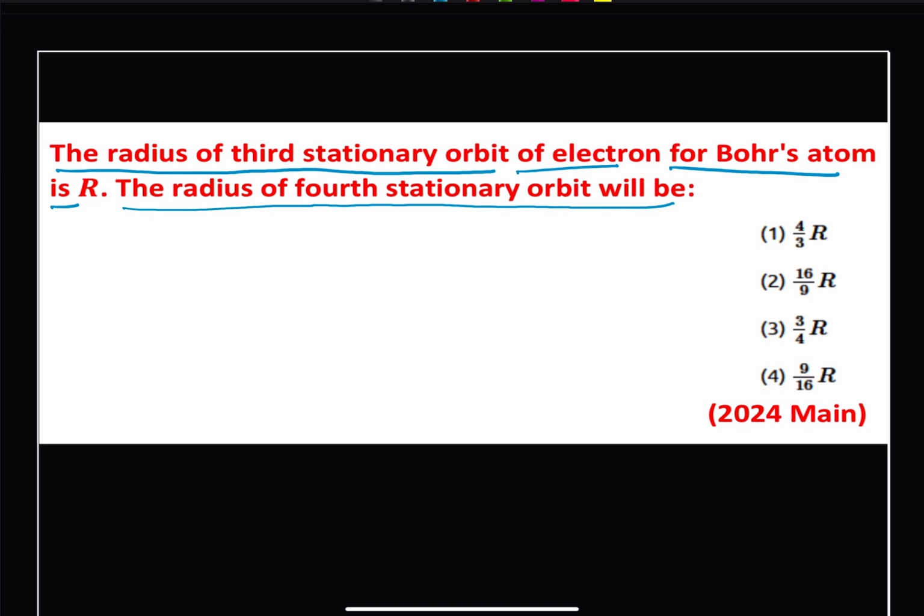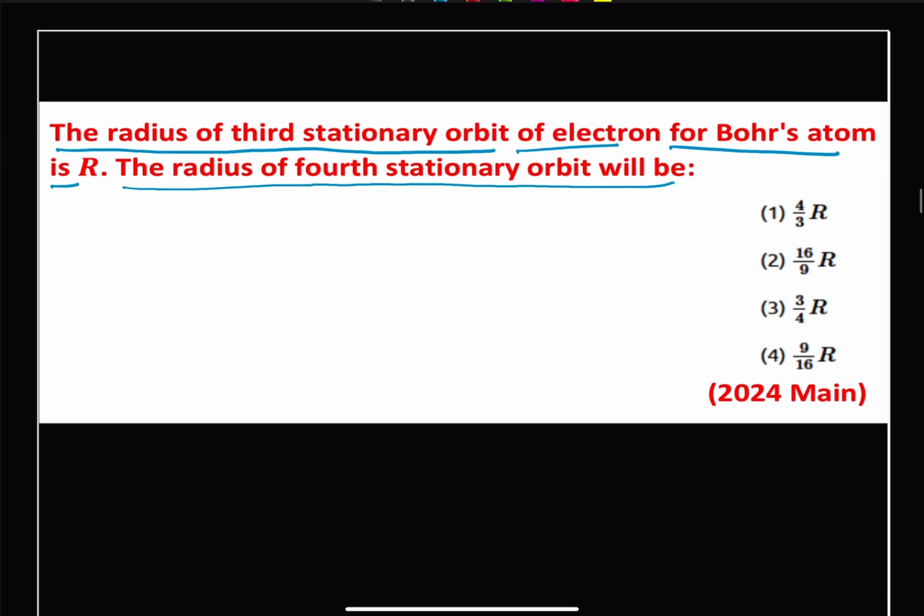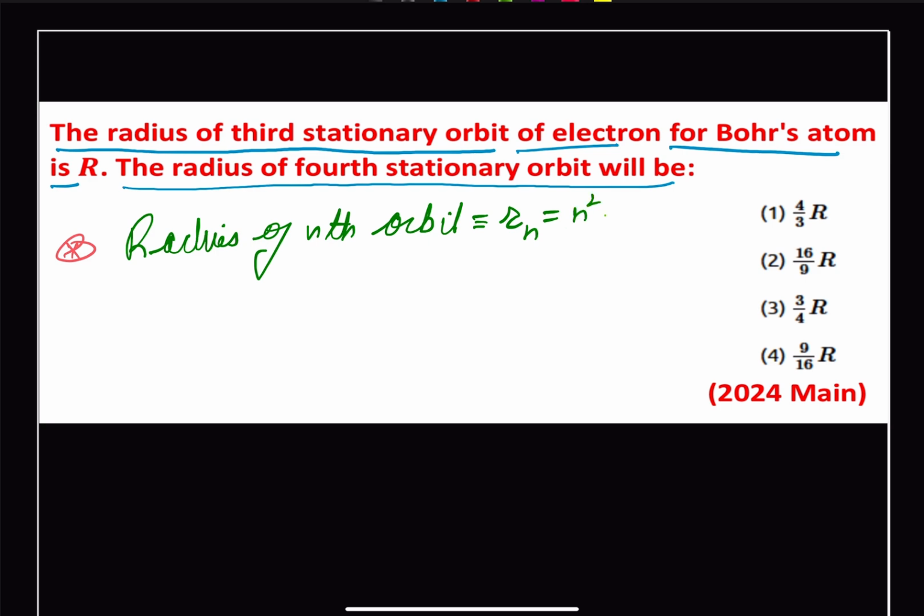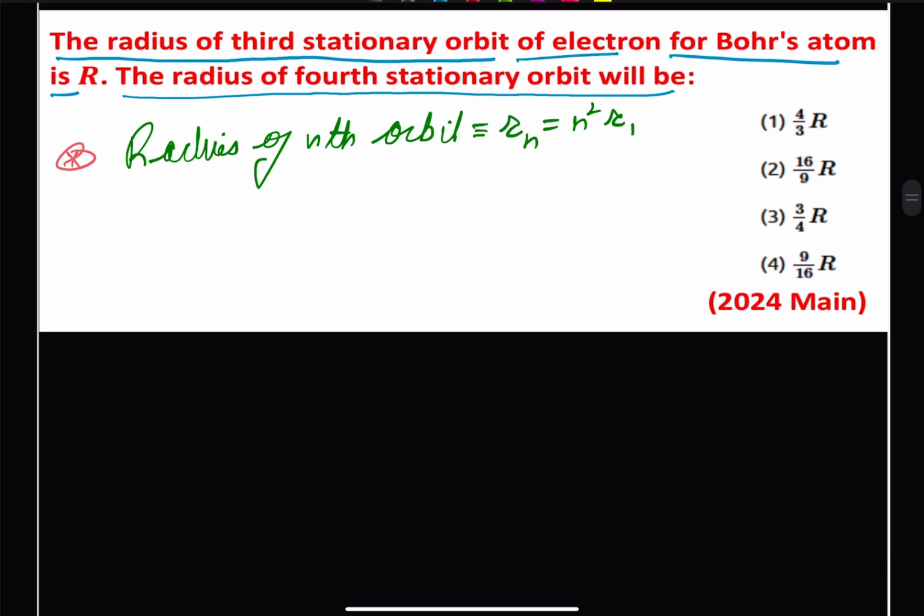So here we can just use the formula which states that the radius of the nth orbit, R of n, will be equal to n square times R of 1. Here this R of 1 is the radius of the first orbit.